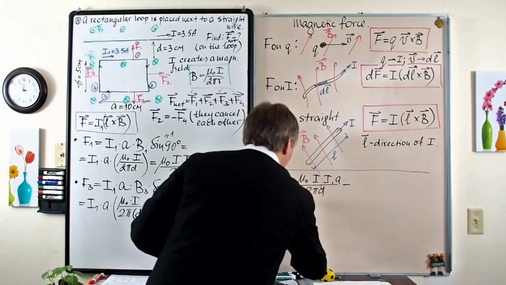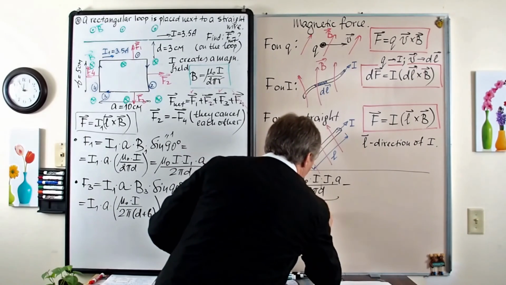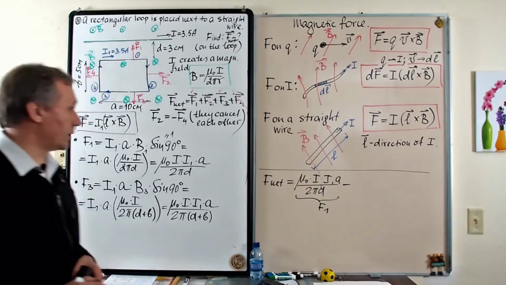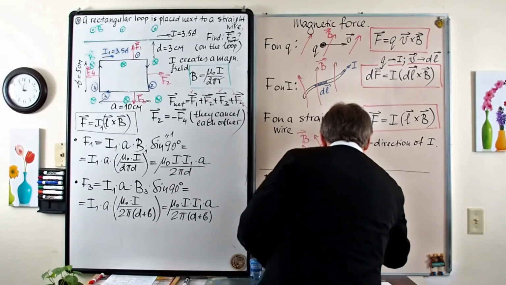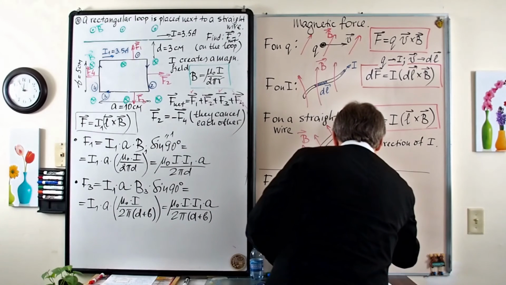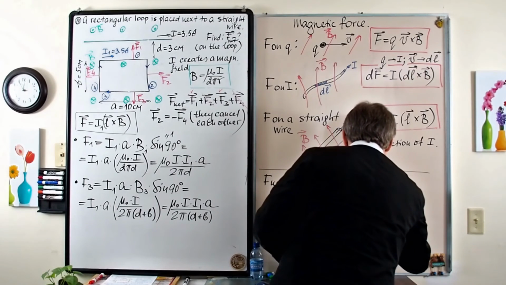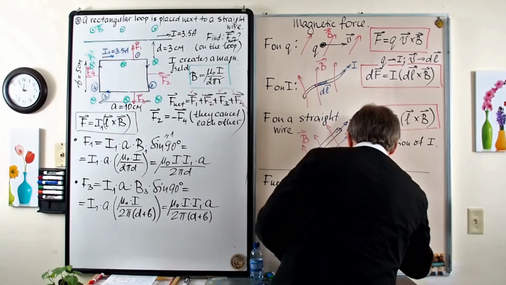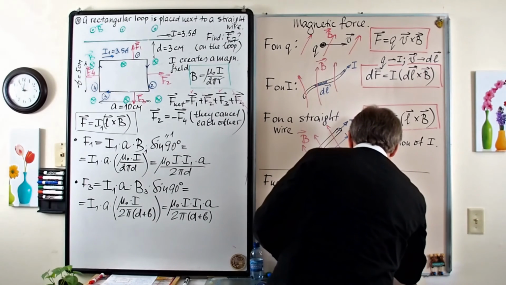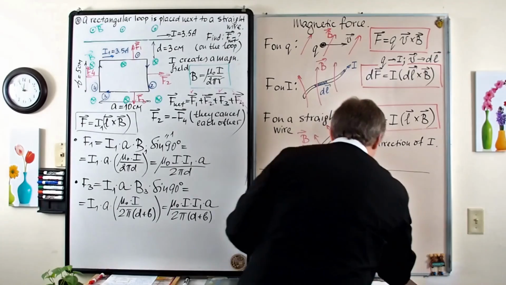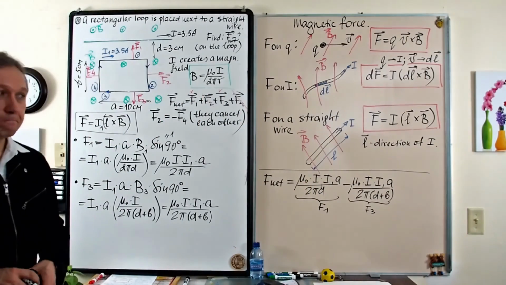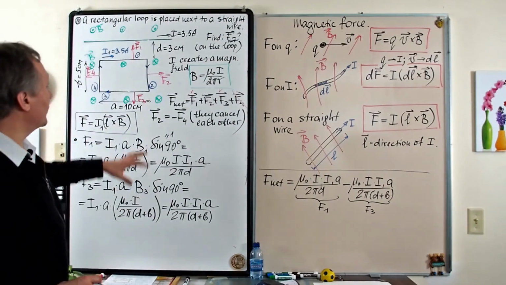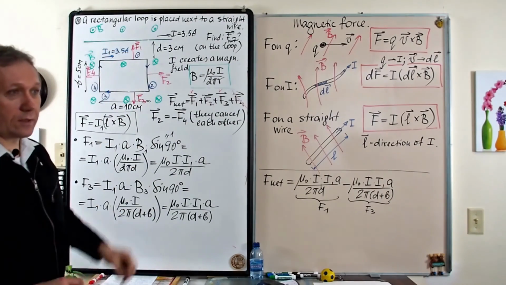This is our F1, and the second will be our F3: mu naught I1 times A divided by 2 pi times D plus B. I subtract F1 minus F3 on purpose because I know F1 is going to be larger than F3.